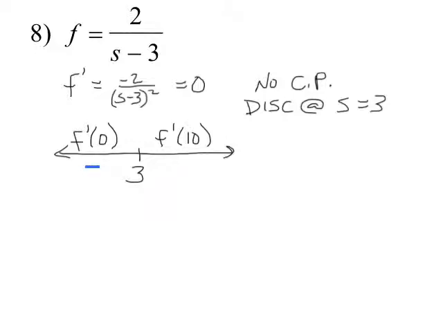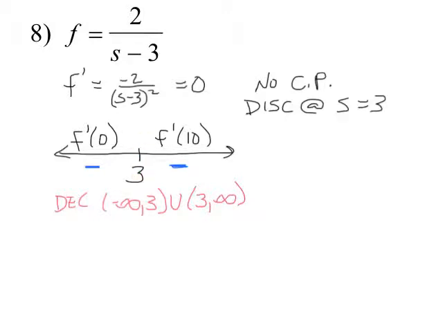And if we stick 10 into the derivative function, we get a negative over a positive, so that is also negative, which tells me that the function is decreasing from -infinity to 3 and from 3 to infinity. And again, we need to remember to split that because we have a discontinuity here at 3.